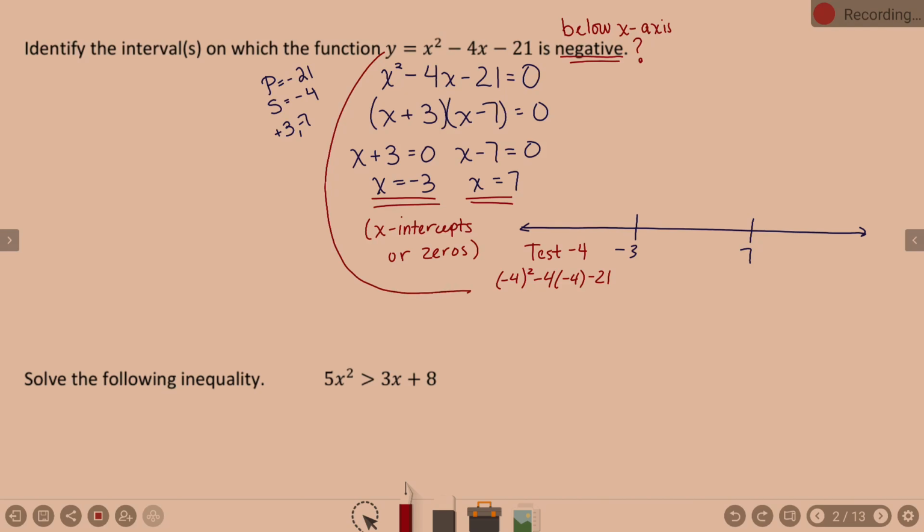Negative 4 squared is 16. And don't let your calculator trick you into thinking it's negative 16. When you square a negative, it's always going to become a positive. Minus 4 times minus 4 is plus 16. And then minus 21. 16 plus 16 is 32. Minus 21.